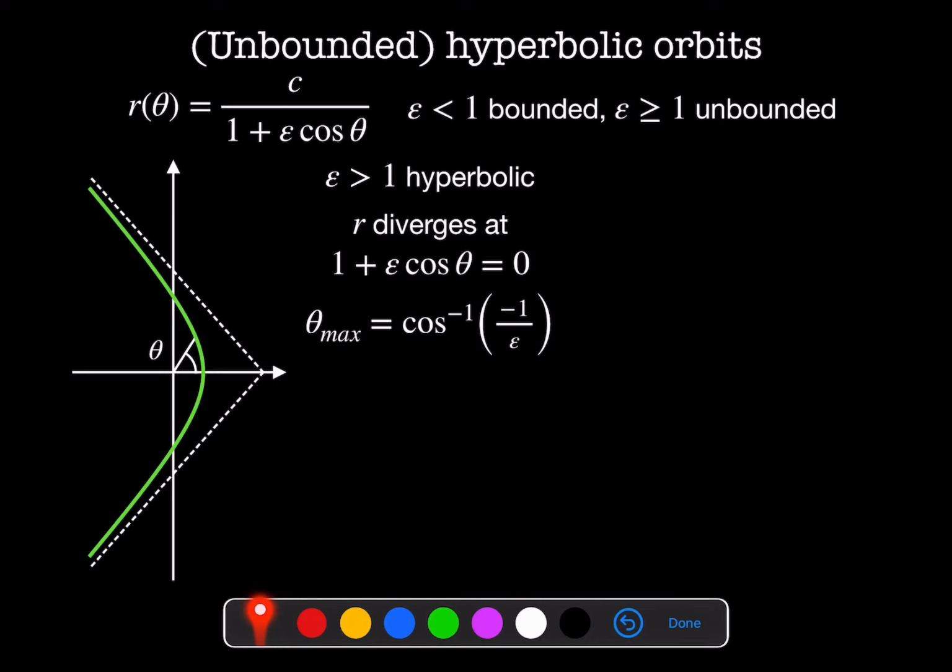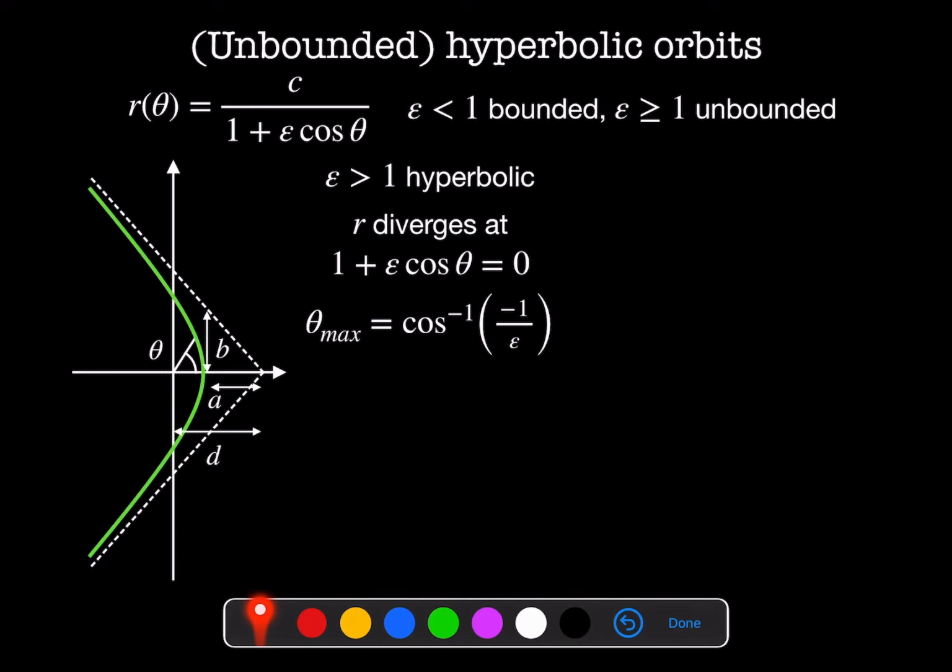Again, we can relate the implicit formula for this hyperbola to geometric distances in this problem. So here our distances are A, which is the distance between the point of closest approach and the place where these asymptotic lines converge. B is the distance between that point and this asymptotic line.